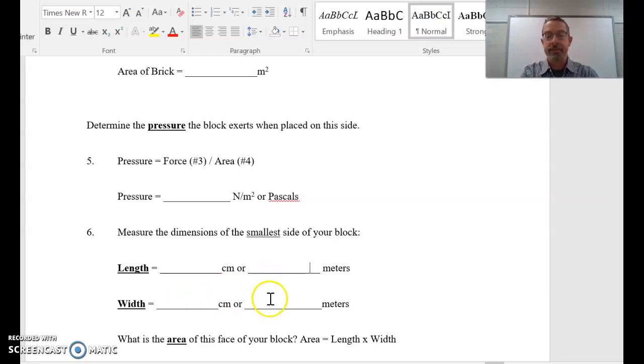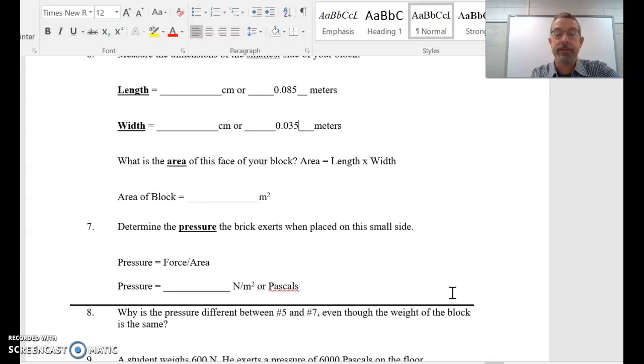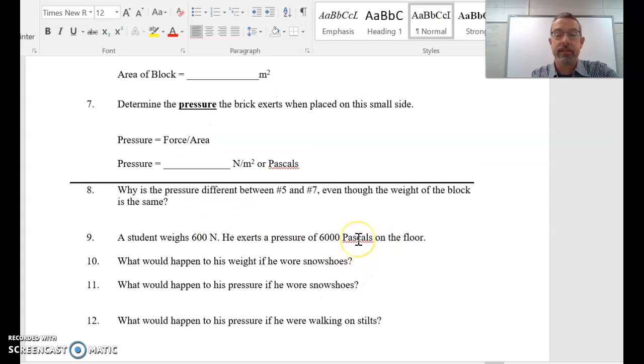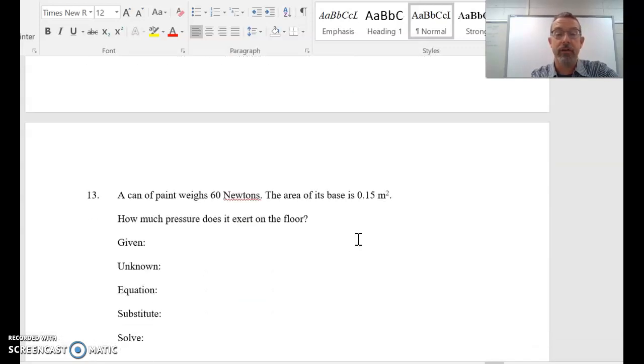The second time, we're going to have a length of that, but then this very smallest edge, 0.035 meters. Then you can work through these, and we're going to determine the pressure of each. Then I want you to answer the questions that follow.